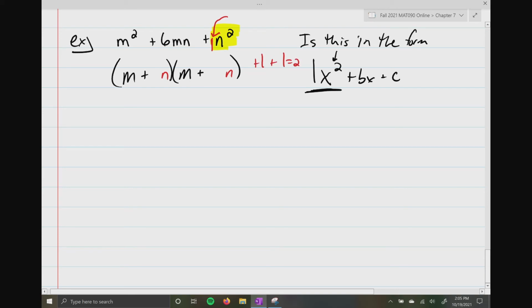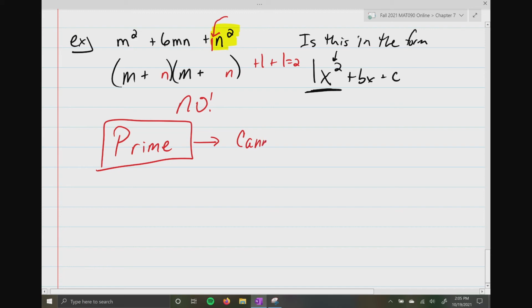And the answer is no. So anytime you run into a situation where you cannot factor this problem or things just don't add up for you, we call that prime. And prime is just a very fancy one word for cannot be factored. That's it.